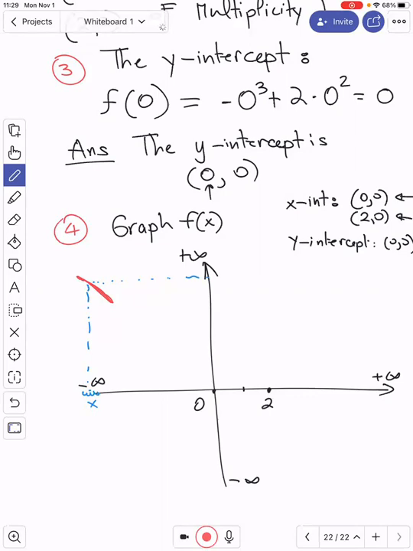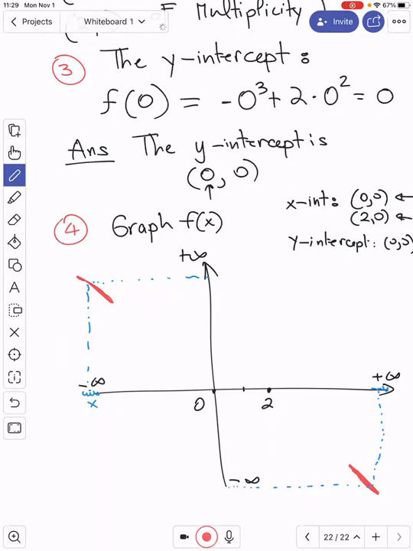And then on the right, the graph is going to be somewhere right here, right? And that's because when your x is at positive infinity, your y is going to be in the neighborhood of, or close to, negative infinity.